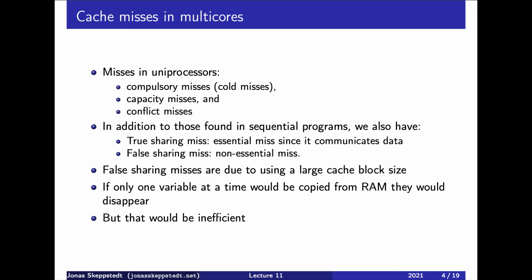That means it fetches data that some other CPU may want to modify, but that data is not related to what the current CPU is working on. So to avoid all false sharing misses, it would be sufficient to fetch only one word at a time, and then only the compulsory, capacity, conflict, and true sharing misses would remain. But to exploit spatial locality, we accept some amount of false sharing.